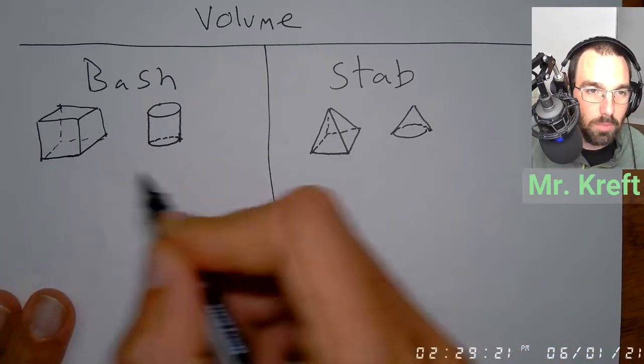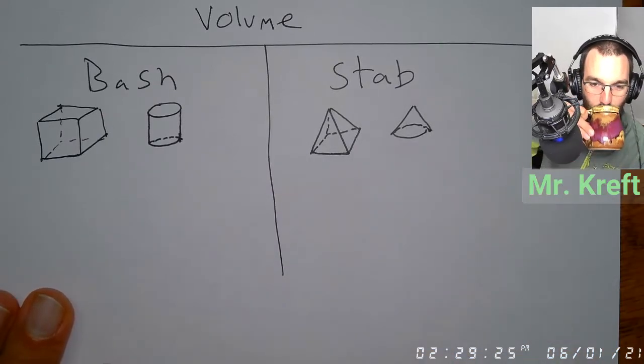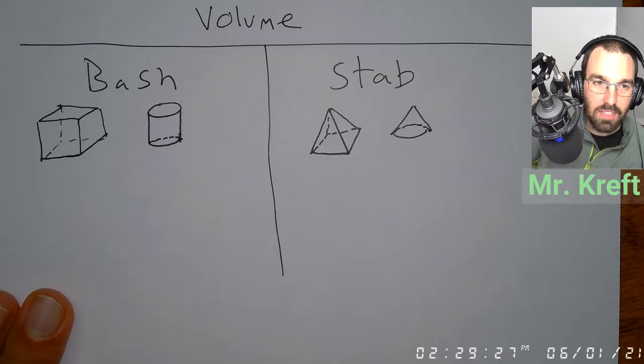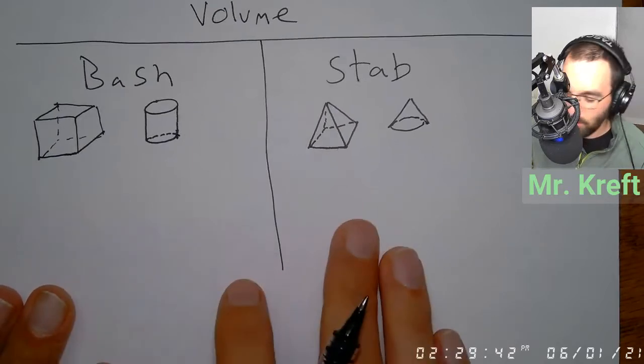So we've got bash shapes and stabby shapes. How are we doing so far, guys? Just remember, for it to be a stabby shape, it's got to have a vertex. If it hits someone, it would penetrate, okay?